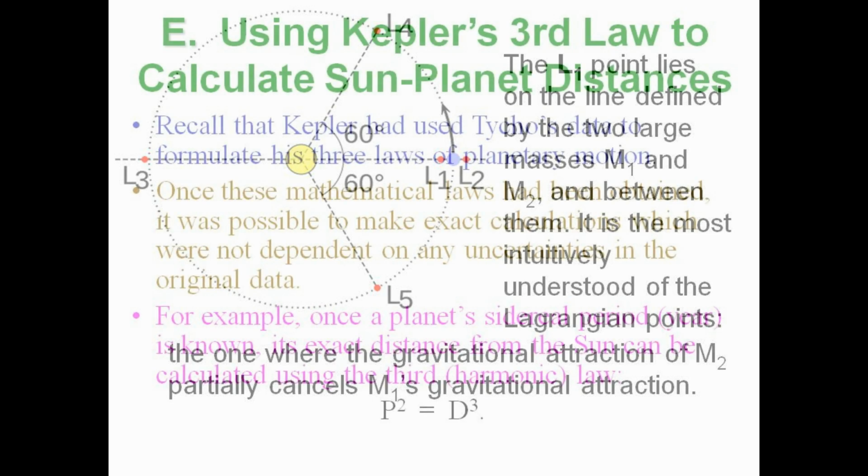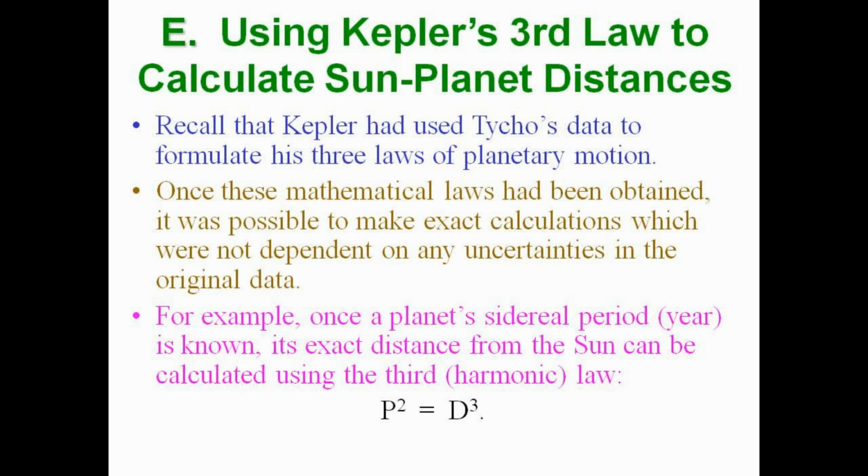Remember from last time, Kepler's third law was that the period, or the year of a planet in Earth years squared, is equal to its distance from the sun in astronomical units cubed. In other words, the farther a planet is from the sun, the longer it takes to go around the sun.